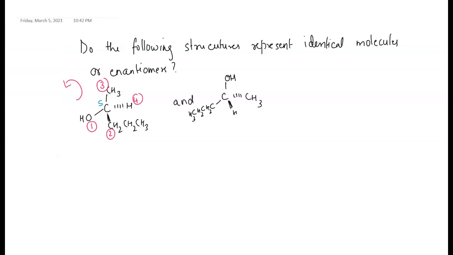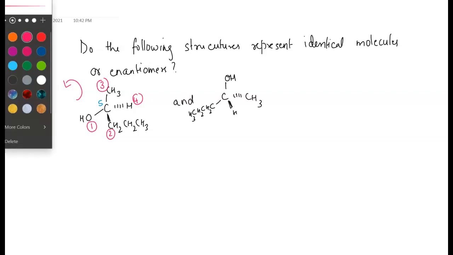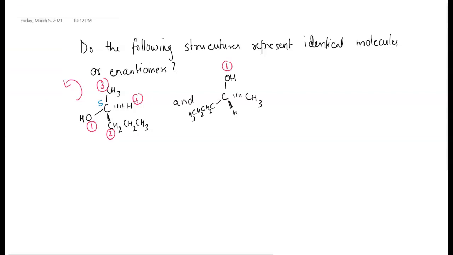Now let's try the other one. Here we have priorities 1, 2, 3, and 4, right? But here we have to do the swapping because our lowest priority is not at the back. We go from 1 to 2 to 3, right? It looks like we are going anti-clockwise this way.